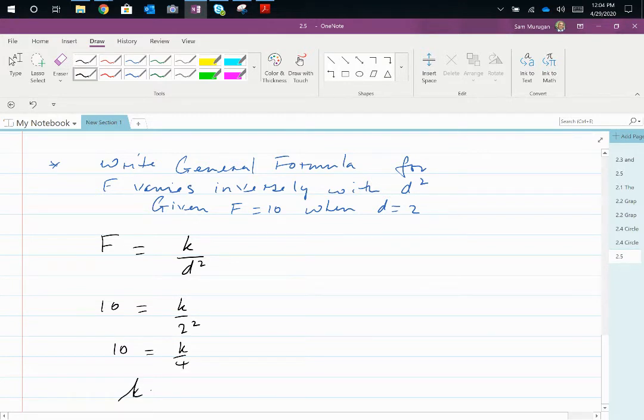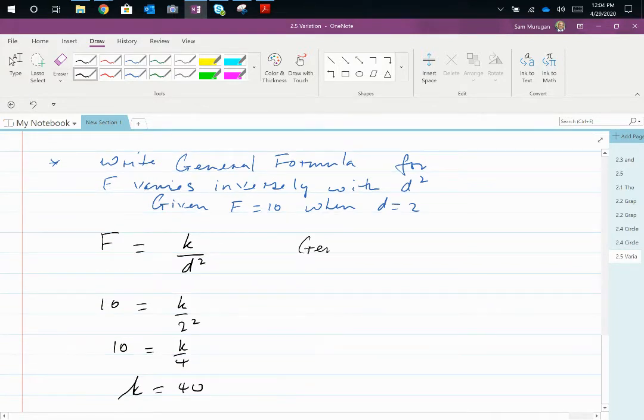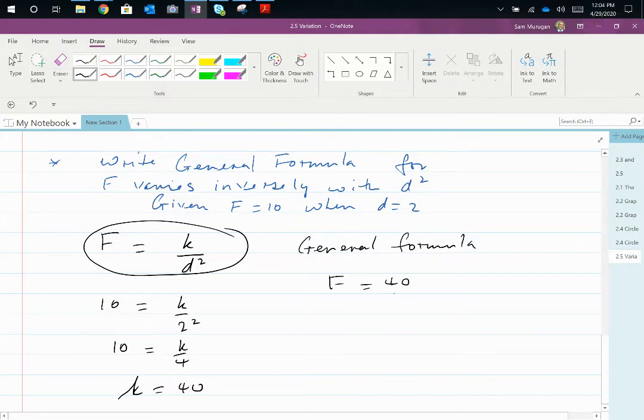So k is equal to 40. The general formula, instead of k, we write F is equal to 40 over d squared.